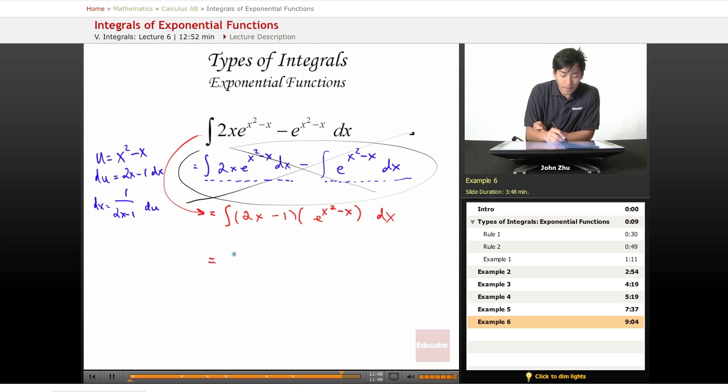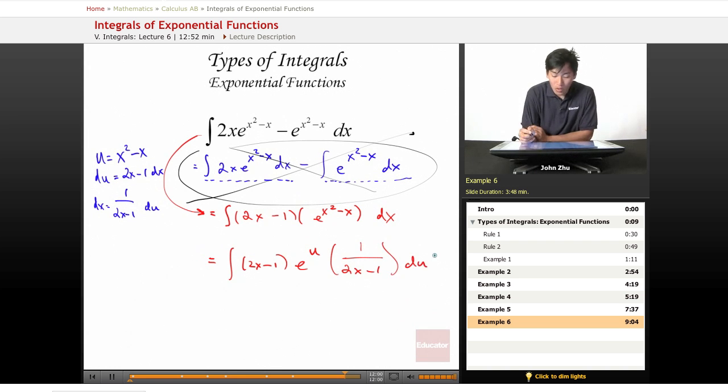So let's go ahead and try to substitute our u in, e to the u times 1 over 2x minus 1 du. Well, these two terms cancel out, leaving us with e to the u du, which we know is e to the u plus c.